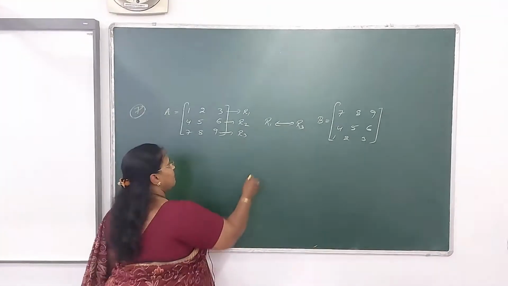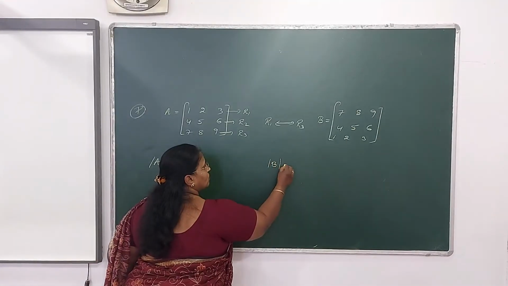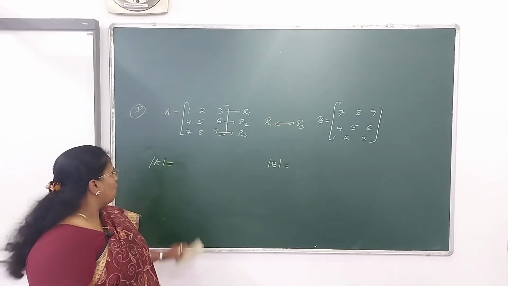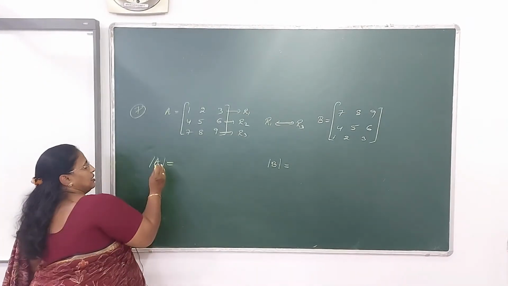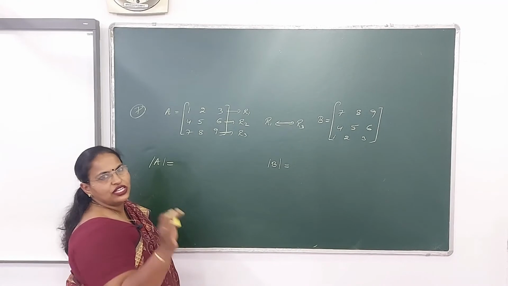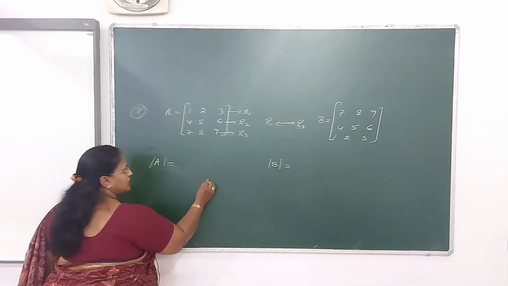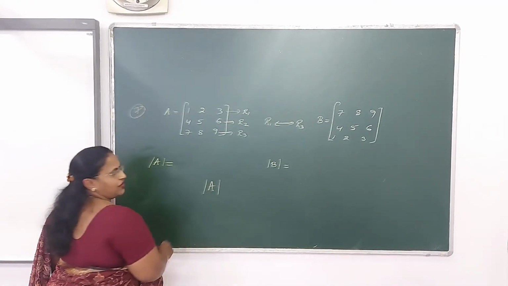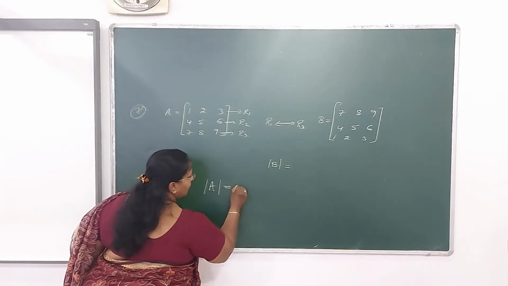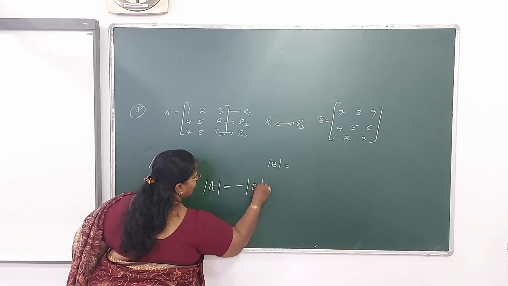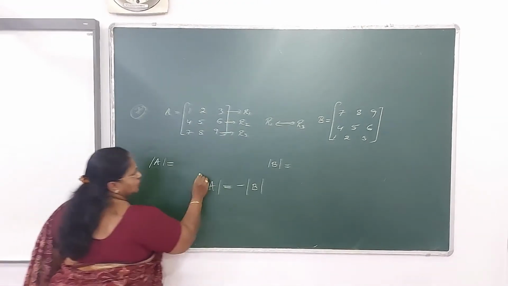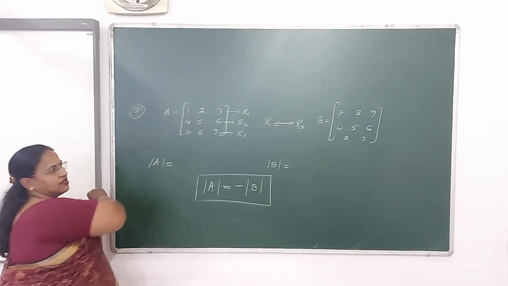Get the determinant value of the B matrix also. Now what will you find? The determinants of the two will differ by a minus sign. What this means is that the determinant of A is equal to minus the determinant of B. So this is what the property says.